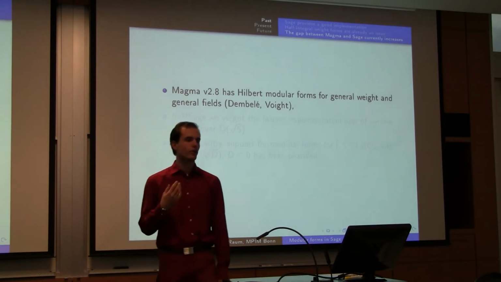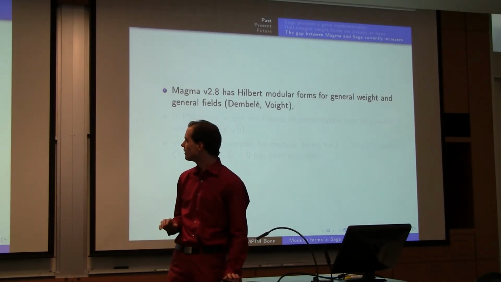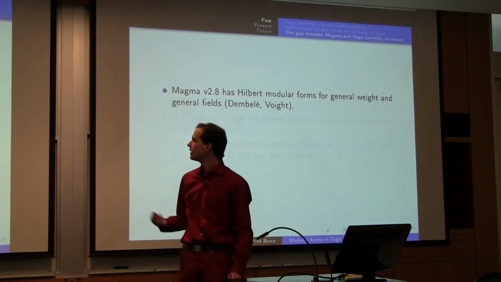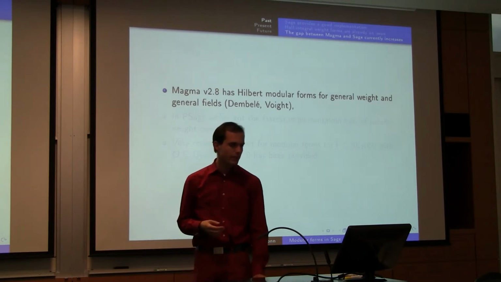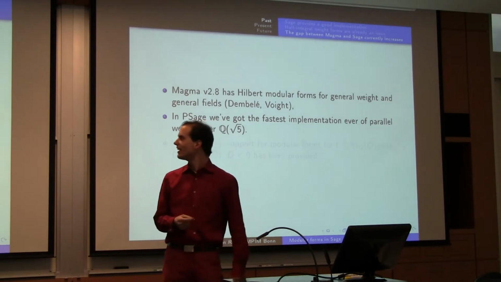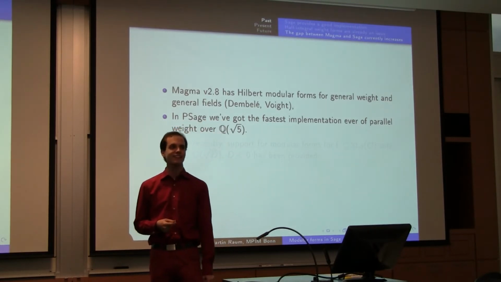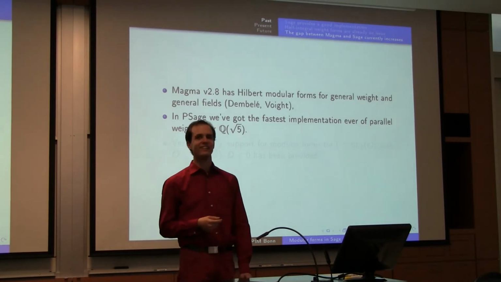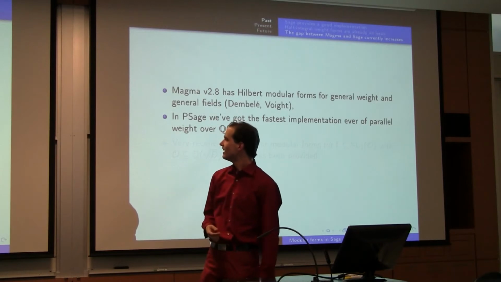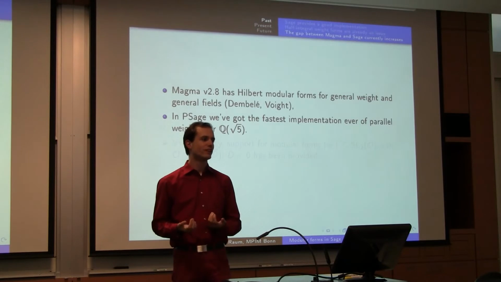Demle wrote out all the details of this Langlands correspondence, and Voight essentially used this, with the help of Demle, to provide an implementation in Magma. And I was just talking yesterday to William: we actually have an implementation in Sage as well. Until yesterday I wasn't aware of that, and it seems to be the fastest ever. He obviously put a lot of work into that, and nobody will beat it in that special case, but apart from that, of course, we are still missing a lot.